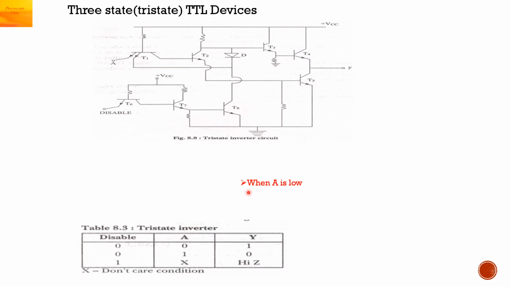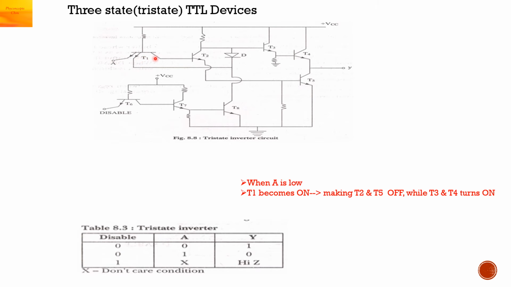So when disable is low, we will keep the input A low. When the A input is low, the base emitter junction diode of T1 will be forward biased and T1 will become on.